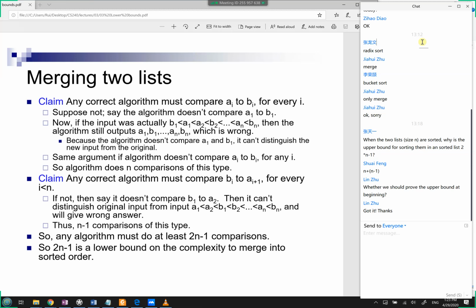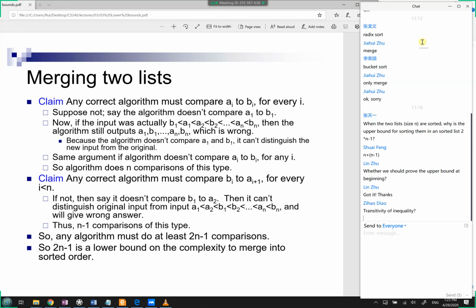All right. The basic idea is that once the algorithm does transitivity, yeah, excellent. Let me expand a bit on what Zihao is saying. Once the algorithm does some comparisons, it can combine all the information from those comparisons using transitivity to get some sort of implied comparisons.